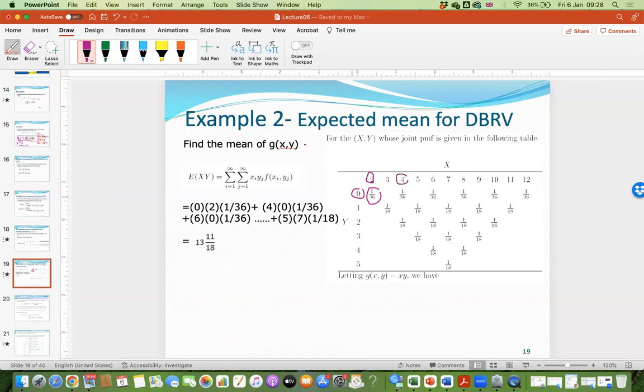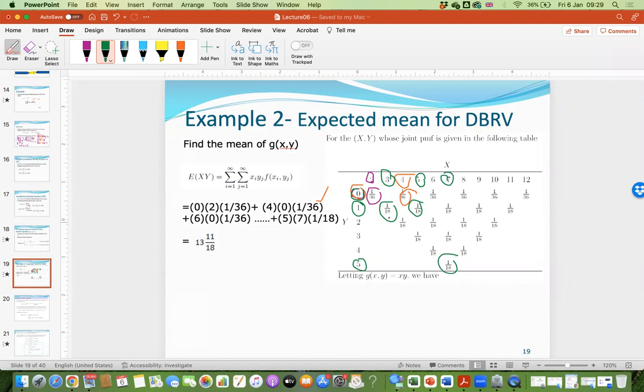Then one more example, in another color: 4 times 0 times 1 over 36, plus 3 times 0 times 1 over 18, plus 5 times 1 times 1 over 18, plus 5 times 7 times 1 over 18, plus, and so on.